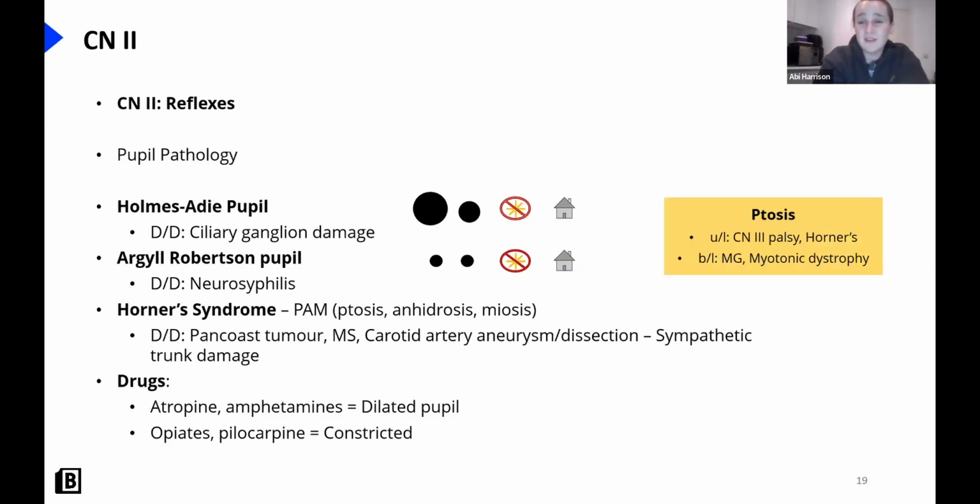Other causes of ptosis or drooping eyelid, it's a cranial nerve 3 palsy, because as we'll come on to speak about, cranial nerve 3 supplies the levator palpebrae superioris muscles, which are responsible for your upper eyelid, and Horner's syndrome that we spoke about. And then if that is bilateral, some differentials for that are myasthenia gravis or myotonic dystrophy.